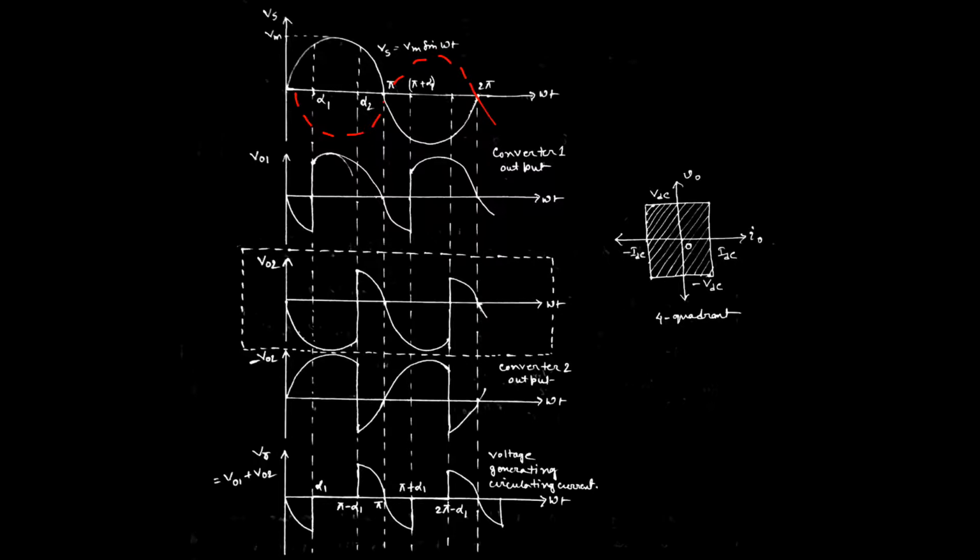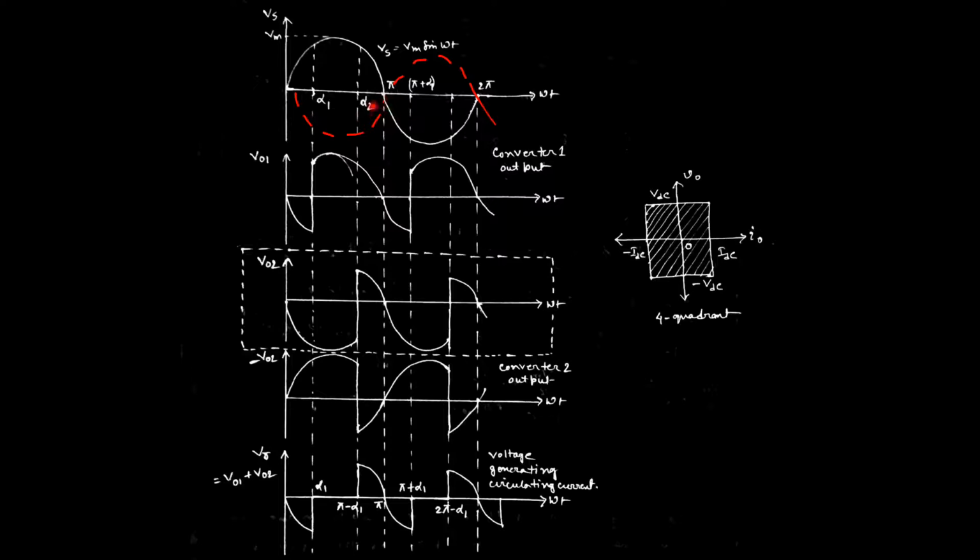For ease of explanation, we assume this is the opposite nature of the sine wave, as converter 2 is operating in back to back connection. So now consider the firing angle of converter 2 is alpha 2. That means this is alpha 2. When converter 2 is fired, it starts working, and then the output voltage will take this shape.